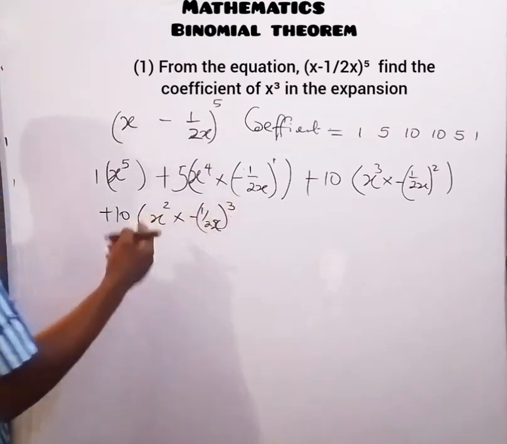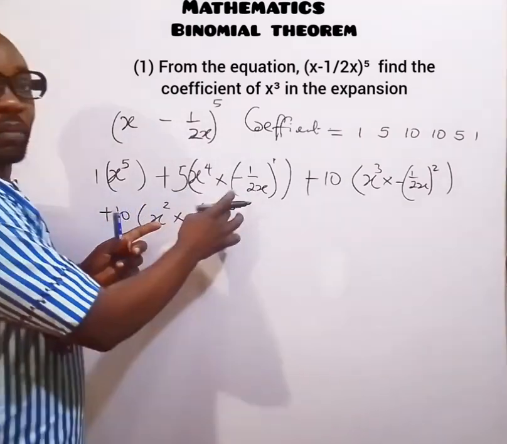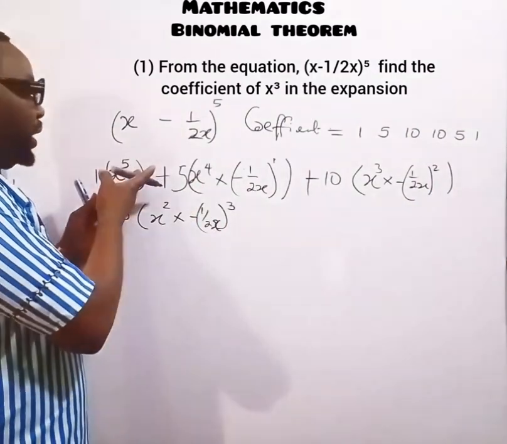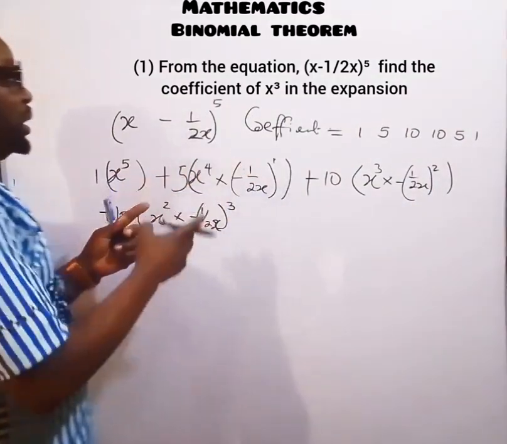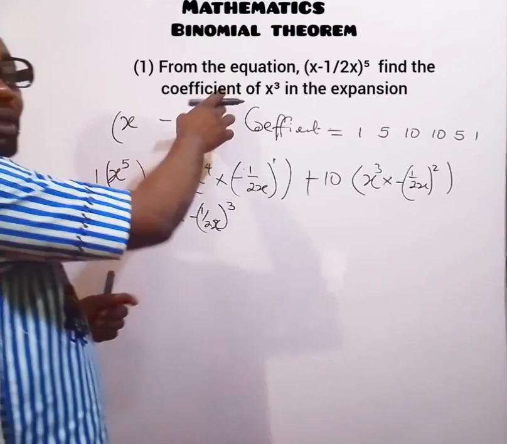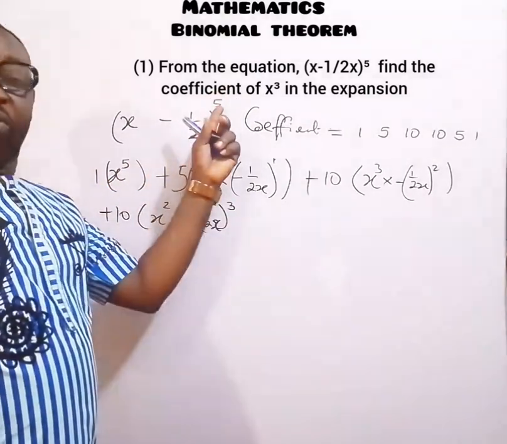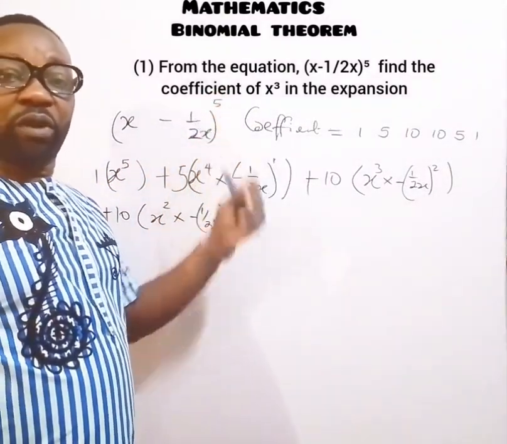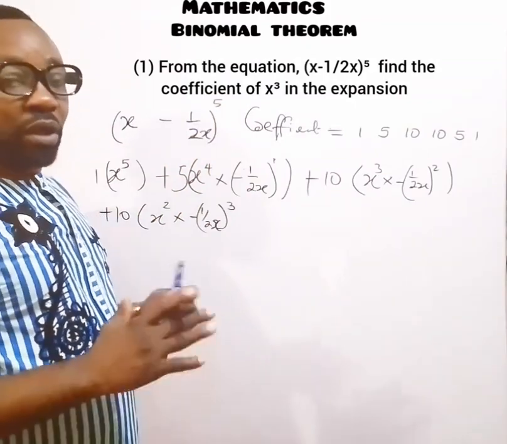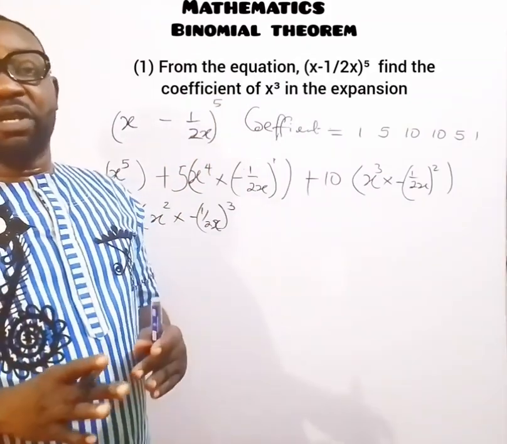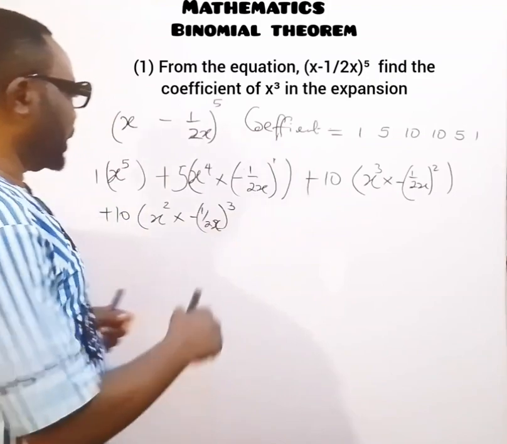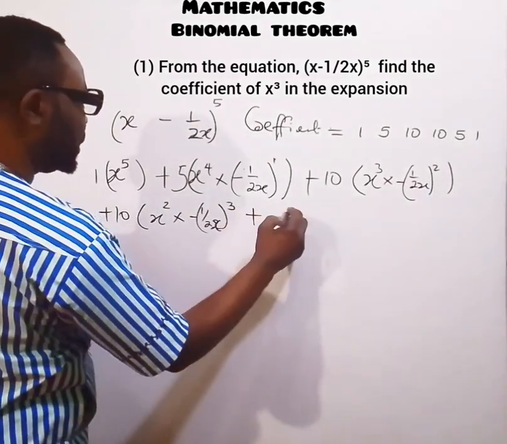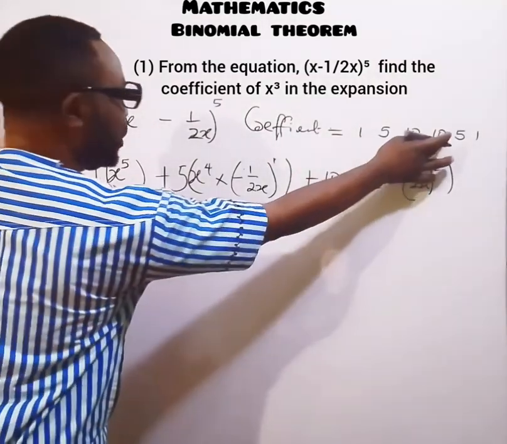You can see that when you add the powers at each of these terms together, the answer will be equal to that power of 5 that we are using as our expansion. You have to take note of it every time you are doing your binomial expansion. What is the next coefficient?